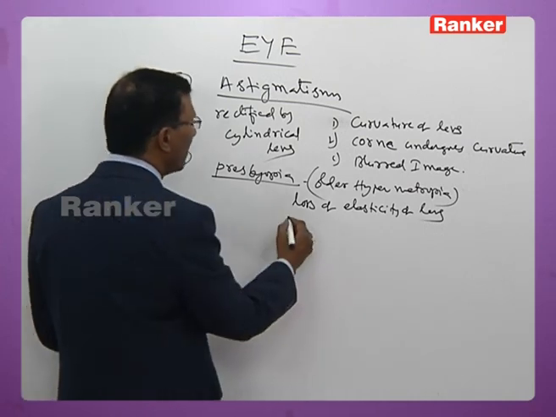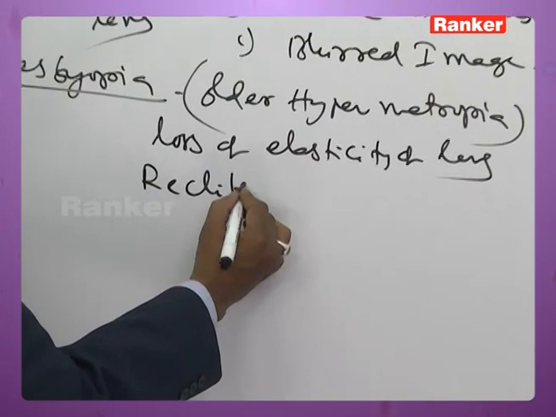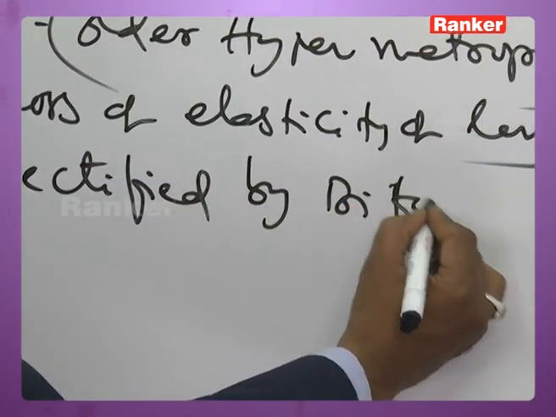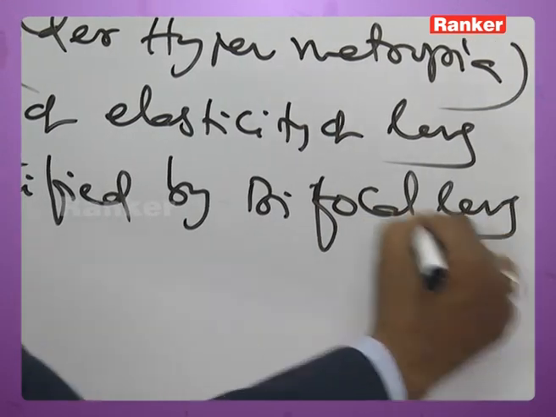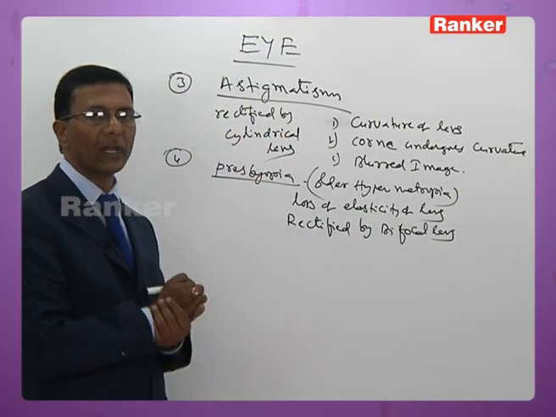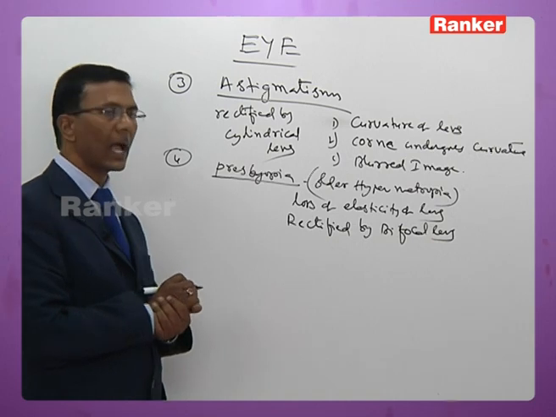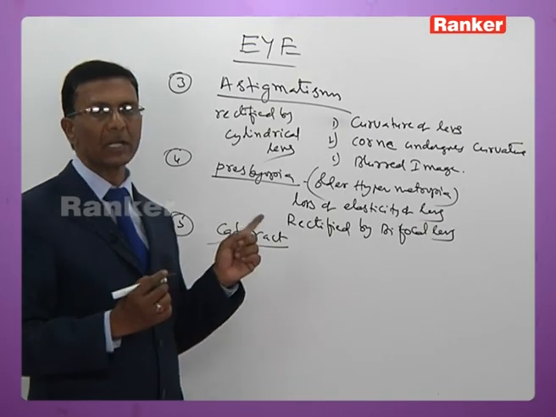Now this is rectified by using bifocal lenses. Bifocal lenses are used to rectify presbyopia, the older hypermetropia condition. Then the fifth one is cataract. Cataract is because of infection of the lens.